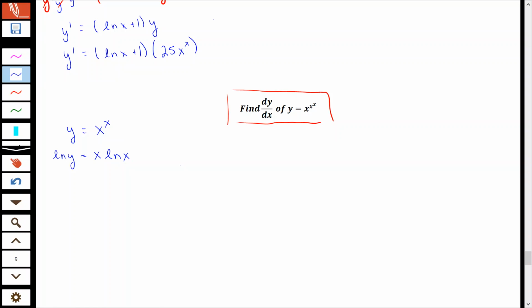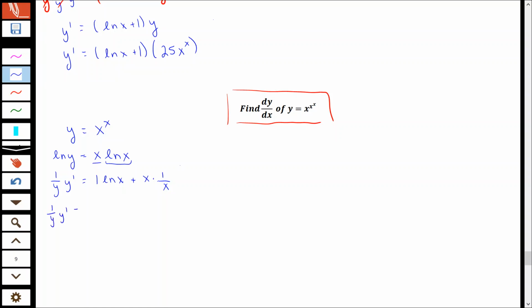When I take the derivative of ln y, it's 1 over y times y prime, and I've got that same product rule on the other side that we saw above, x times ln x. So we're going to have derivative of the first times keep the second. So the derivative of the first is 1, keep the second, ln x, plus keep the first, so just an x, and the derivative of ln x is 1 over x.